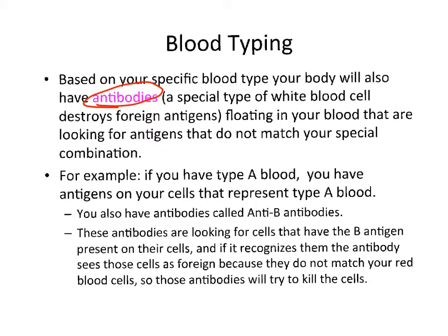Okay, these are a special type of white blood cell that are floating around in your blood all the time, and they're looking to identify and destroy foreign antigens. Antigens, little flags. Remember, the antigens are the flags. Little flags that don't belong there. And so if you have type A blood, okay, you have anti-B antibodies, or antibodies that would attack B-type blood. And so they float around in your body and look for B-type blood.